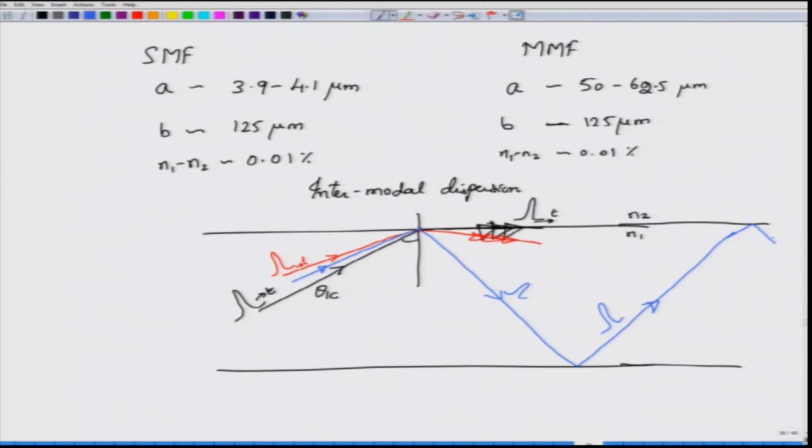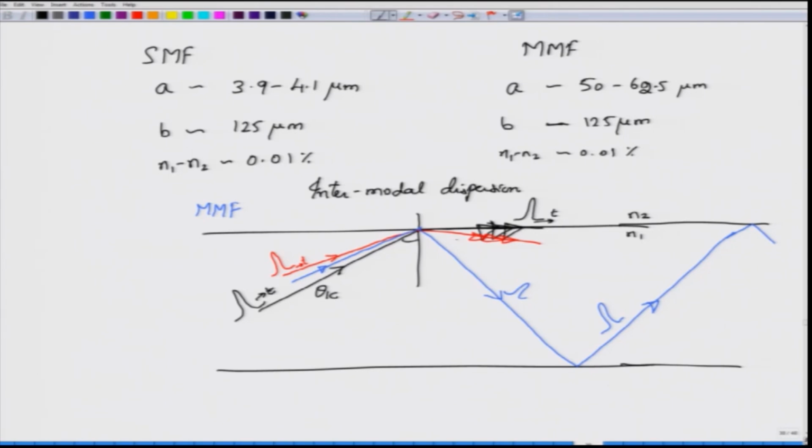So, what you have seen is that in multimode fibers, when one couples light, identical information, an identical pulse, into these different modes, each of those rays of light which carry these pulses travel through the fiber with different velocities.